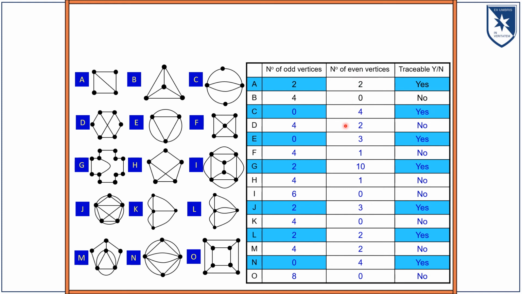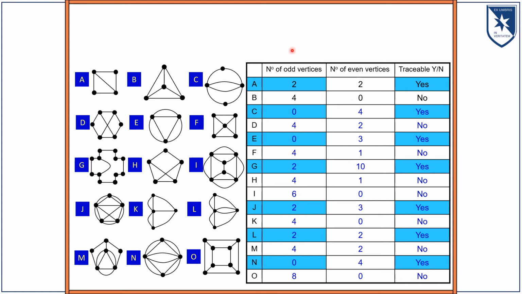The reason that we haven't highlighted the values in the number of even vertices column is because they vary so much. Shape A has 2 even vertices, shape C 4, shape E 3. Some of them are even numbers, some of them are odd numbers, very high numbers. And this does not have any bearing on whether the network is traceable.